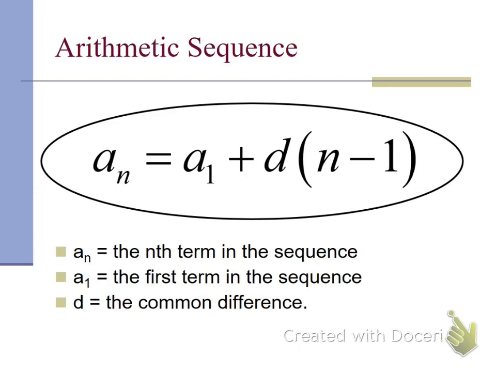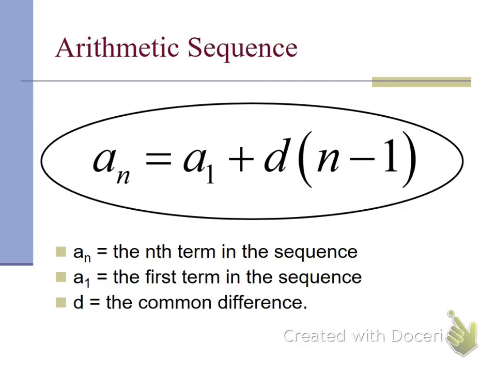The nth term, that's whatever number term, the 30th term, the 4th term, the 10th term, is equal to the first term plus d, the common difference, which is what you are increasing by, times the number of terms minus 1. I will give you the formulas on any assessment. At the same time, though, I'm confident before we're said and done, you'll have these memorized.